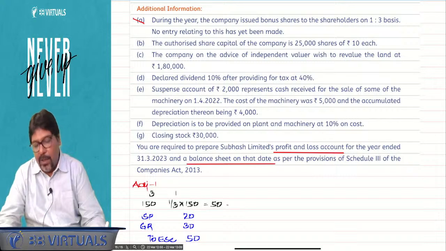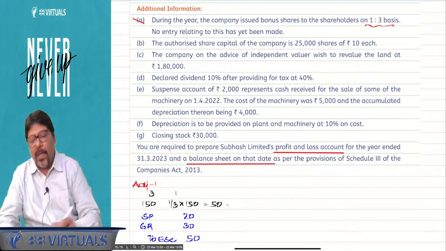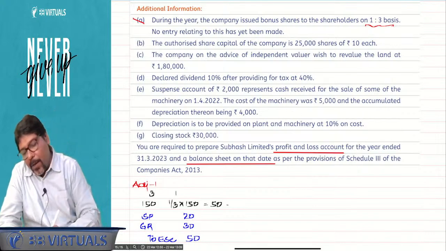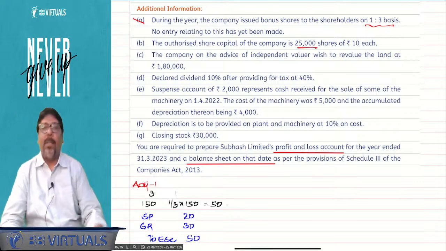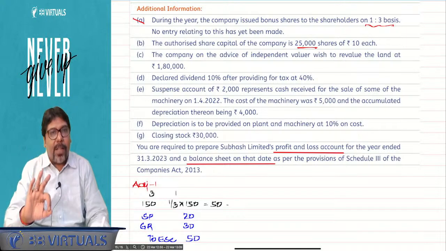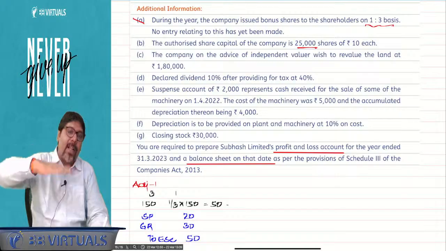During the year, company issued bonus shares to the shareholders on 1:3 basis. No entry relating to this has been made. So we made it. The authorized capital of the company is 25,000 equity shares of 10 rupees. This is just a disclosure in the share capital notes.